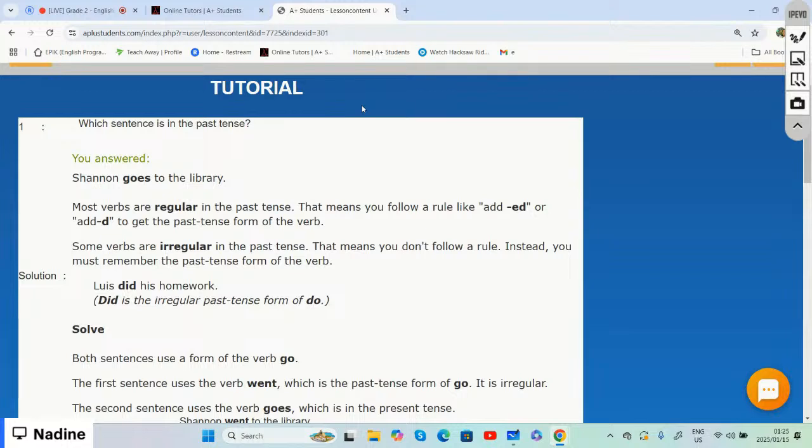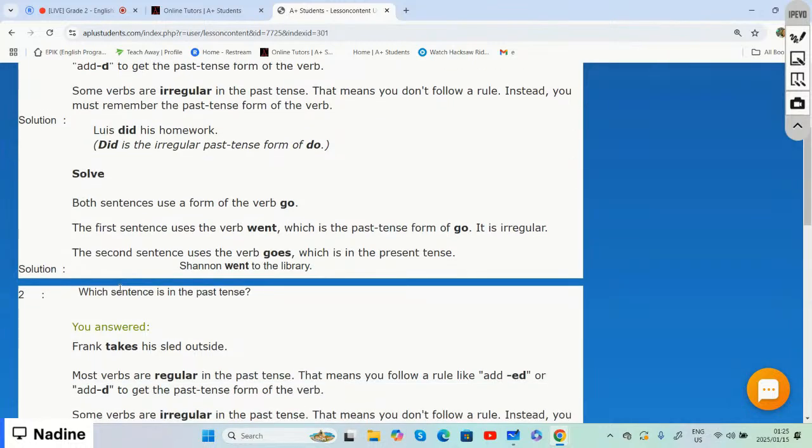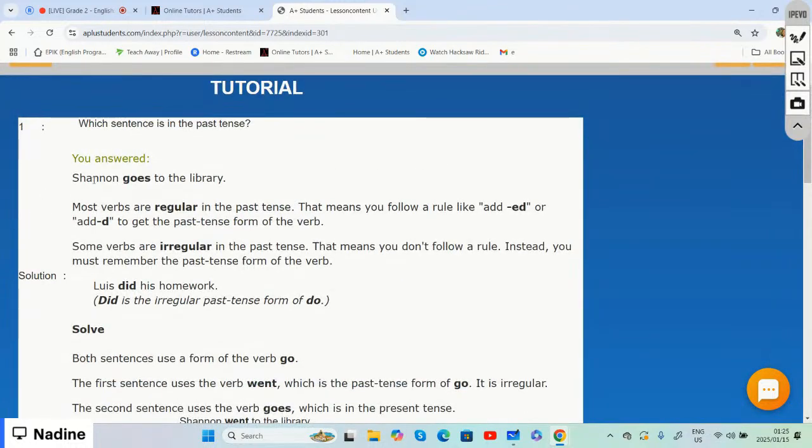All right. So now we're going to have to say which is in the past. It says Shannon goes to the library. Goes, which is something that she does now. What is the past tense of goes?